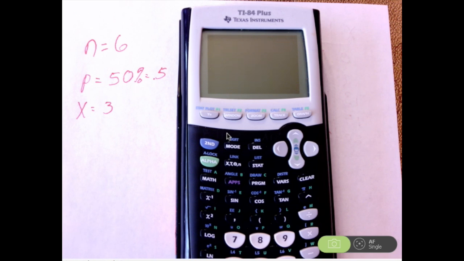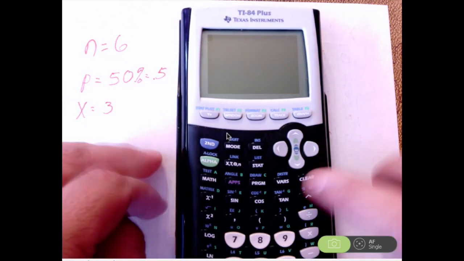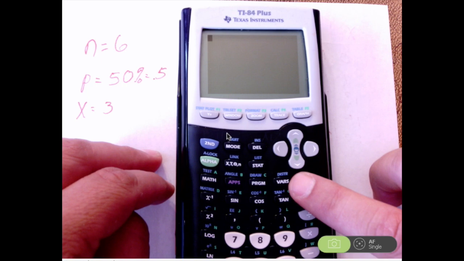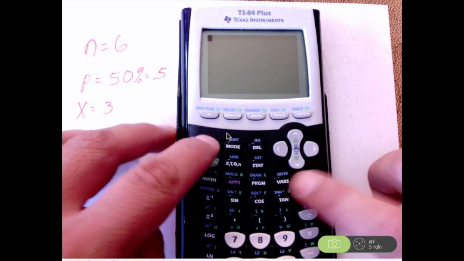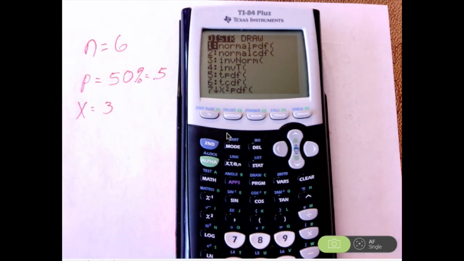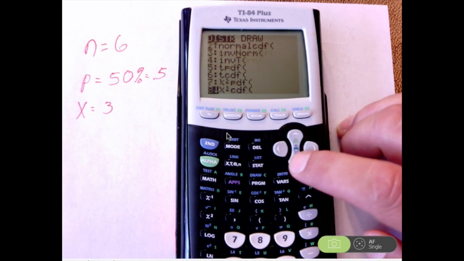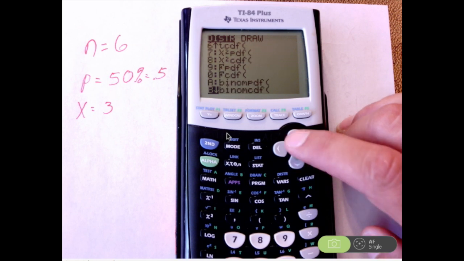of 6 flips. So to do that, we're going to go to our distribution menu, and to get there we're going to first hit second, and then down here below the thumb pad, the distribution button. Now the calculator can find lots of distributions. You will use a good number of these, but for this example we're going to use the arrow key to go down to binomial.